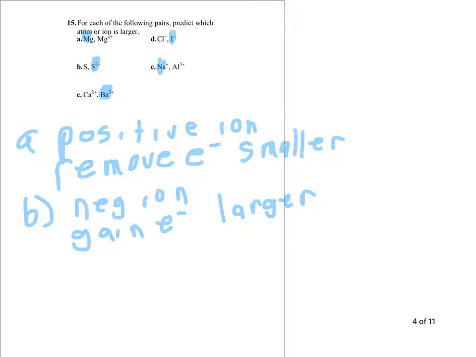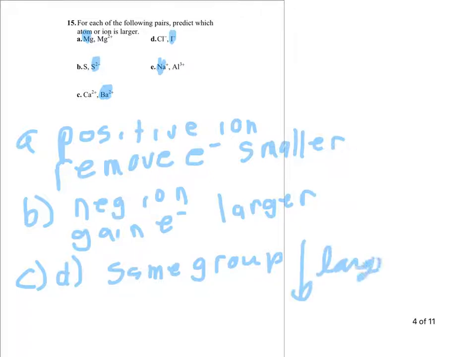Now, with both C and D, they're in the same group, both ions, and in the same group they get larger as you move down the group, larger ion.